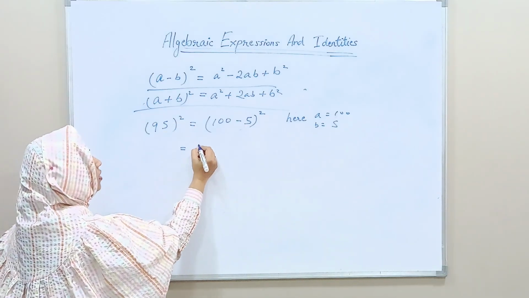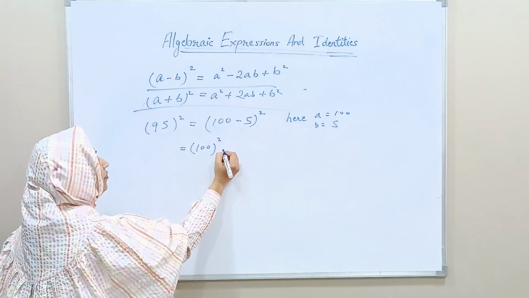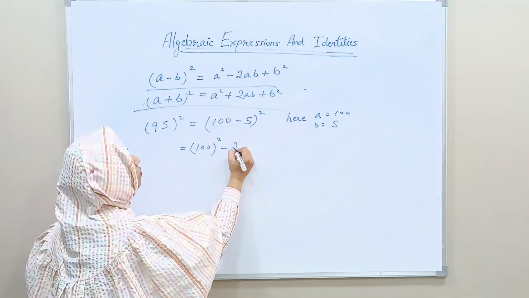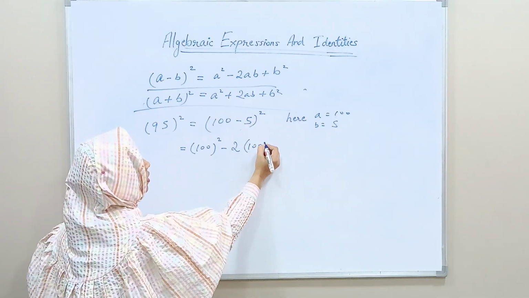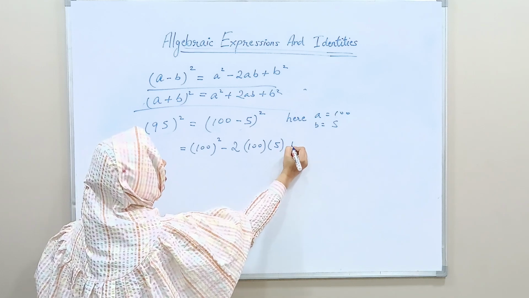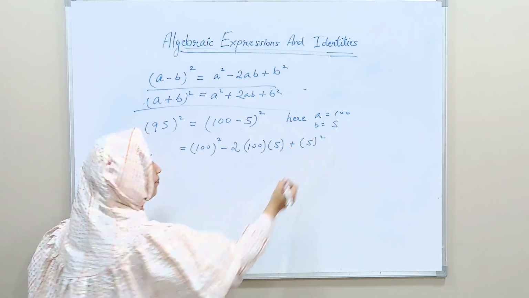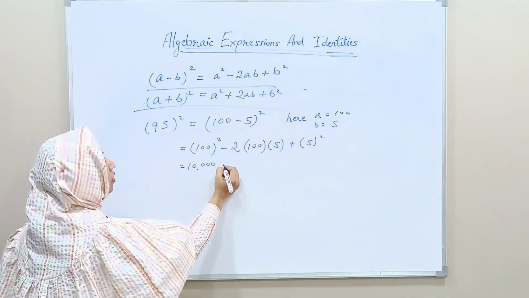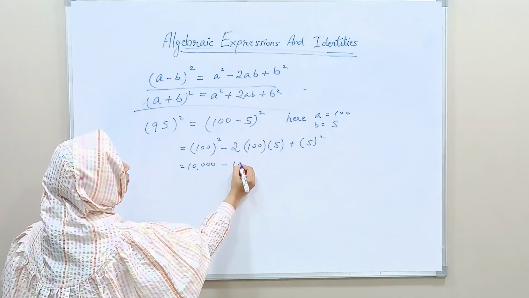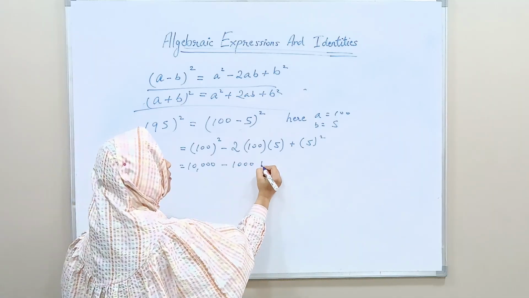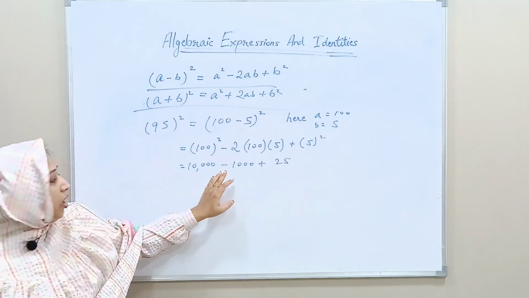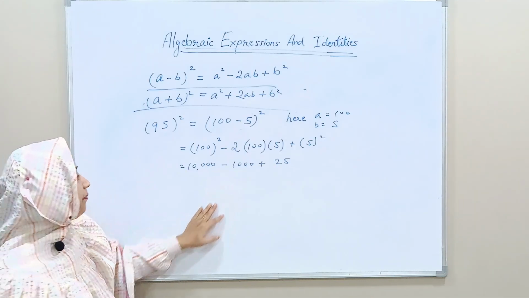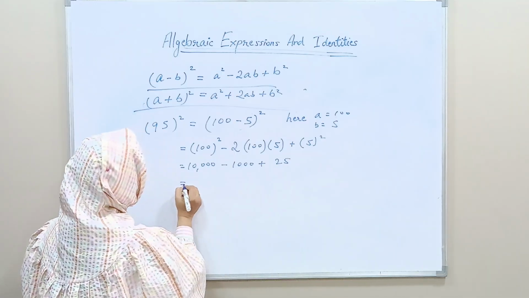Putting the values, a square minus 2ab, a is 100, b is 5, plus b square. Now solving them, 100 square is 10,000, minus 2 into 5, 10 into 100 is 1000, plus 25. Now here, instead of adding 1000, you have to subtract 1000.